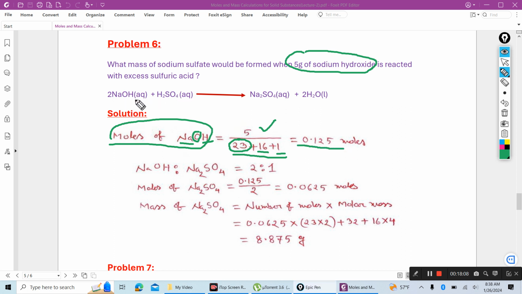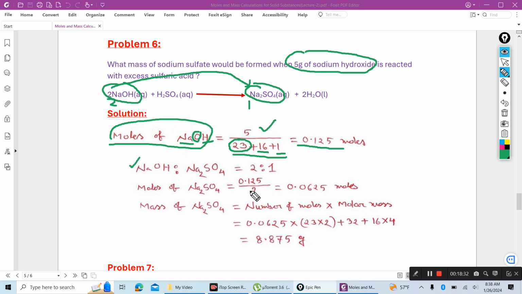But their mole ratio, here 2 mole, here 1 mole. That means number of mole of sodium sulfate is half of moles of sodium hydroxide, because their mole ratio is 2:1.